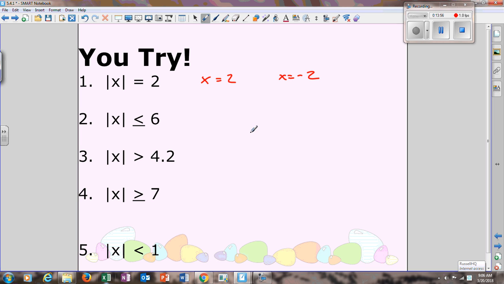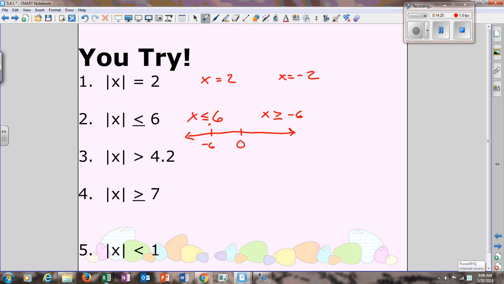Absolute value of x is less than or equal to 6. Get rid of your absolute values. X is less than or equal to 6. Then x greater than or equal to negative 6. Don't know whether it's an and or an or, so I'm going to graph it. It's greater than or equal to this number, so it goes that way.